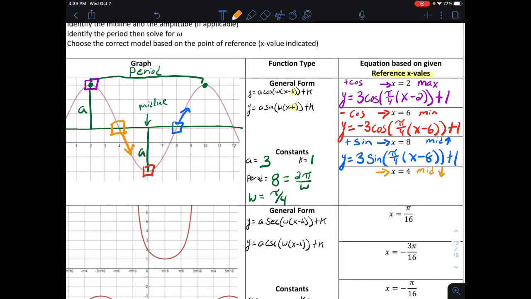Sine is the function we use when we base our function off midline points, and if it's decreasing to the right of that midline, we have to make sine negative. So it would be using sine and negate that amplitude value. And so our equation would be y equals negative 3 times sine of pi over 4 times x minus 4 plus 1 on the end.